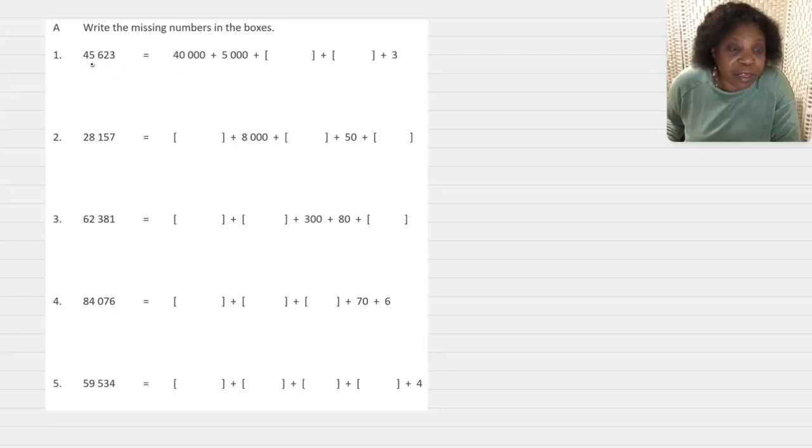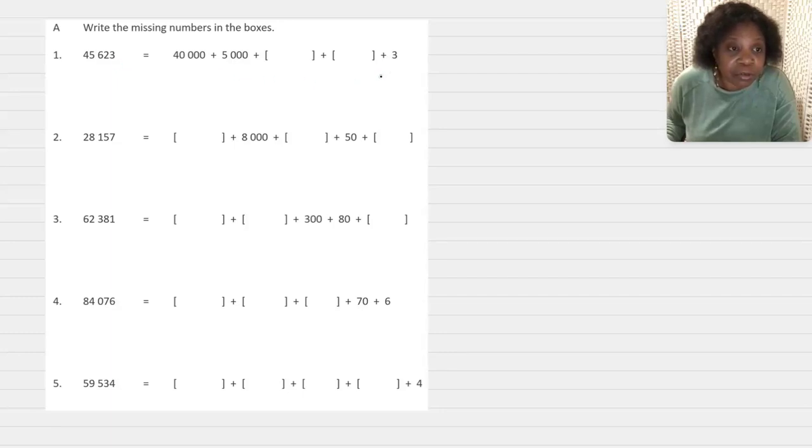The value of the 5 is 5,000. What will be the value of the 6? The value of the 6 is 600, which is what we have to put right here. The value of the 2 will be 2 tens, so that'll be 20, and this is the number we have to put right here. And the value of this 3 is 3 units.